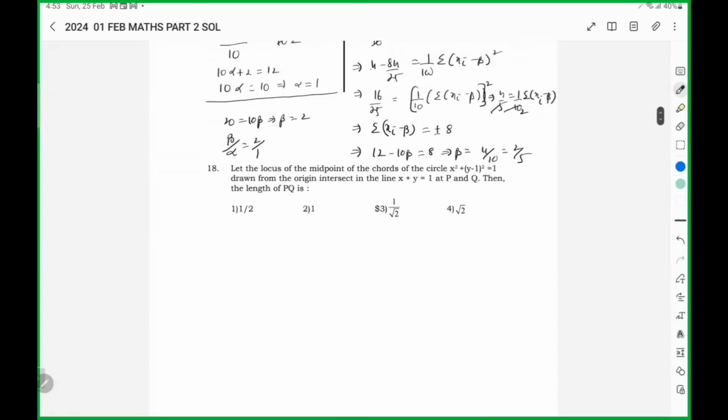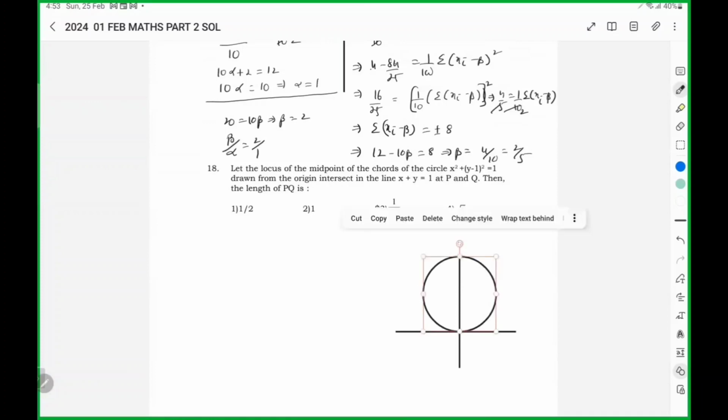Now, the locus of midpoints of all chords of the circle whose center is (0, 1). There are many chords which are passing through (0, 0). So they will have midpoints.